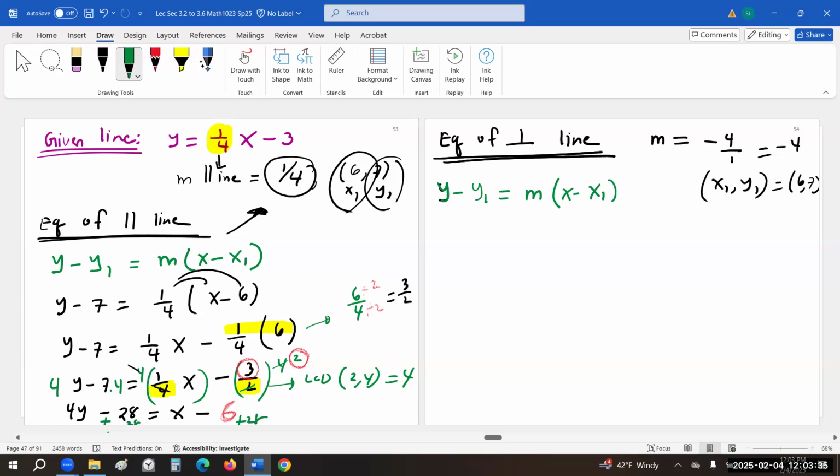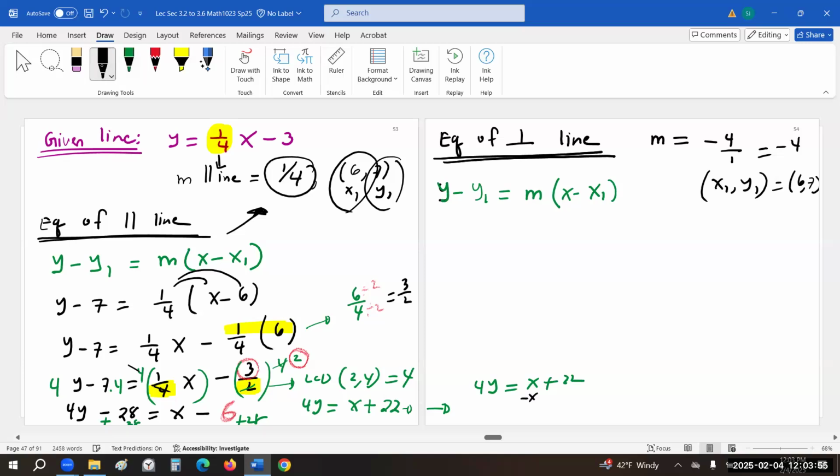That gives us 4y equals x plus 22. I don't have space, so let me write here. 4y equals x plus 22.